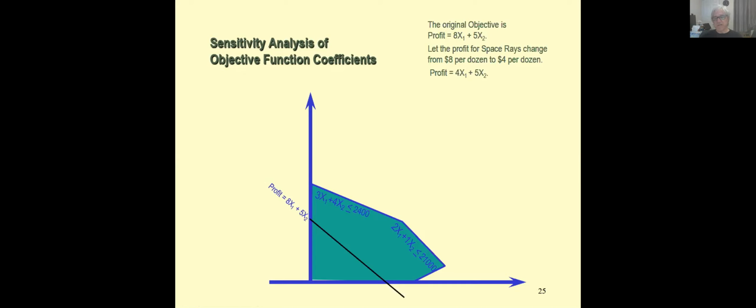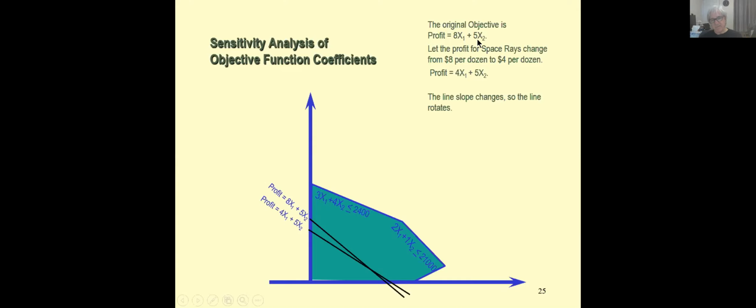The new objective function will look like this. So what do you see? There is a rotation of the objective function because the slope has changed. Why has the slope changed? Because it is calculated here as 8 divided by 5 with a minus.